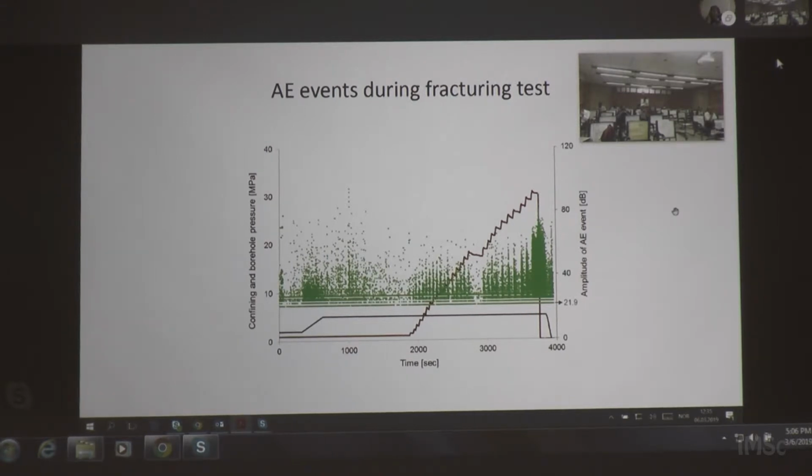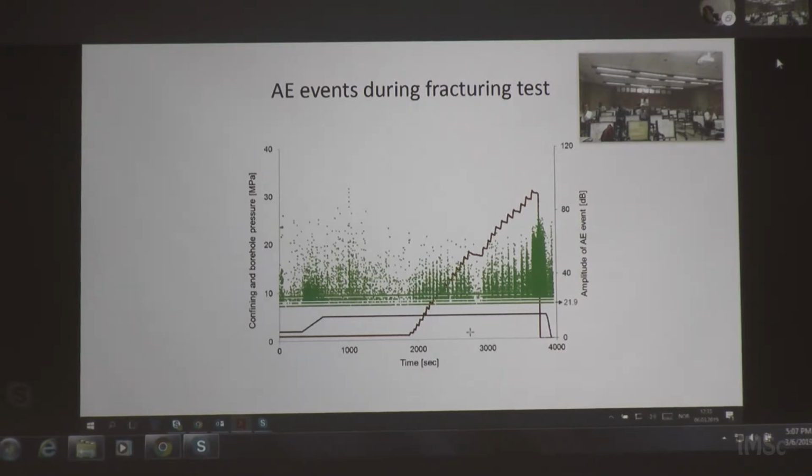During the experiment, we recorded acoustic emission events. All the green dots are acoustic emission events. As you can see, this red line is how we increase the pressure, and the black line is the confining pressure, which we kept mostly constant. These acoustic emission events mean the crack openings.